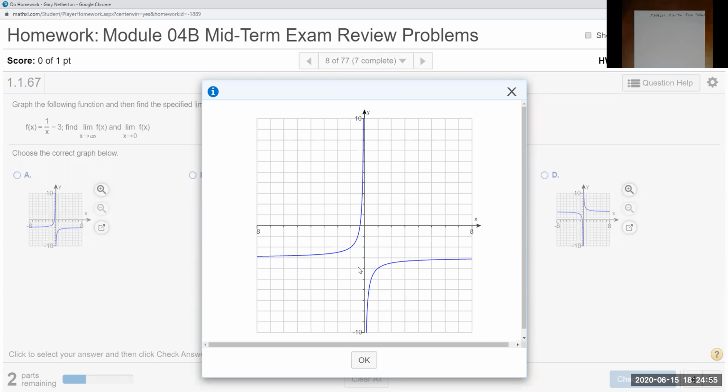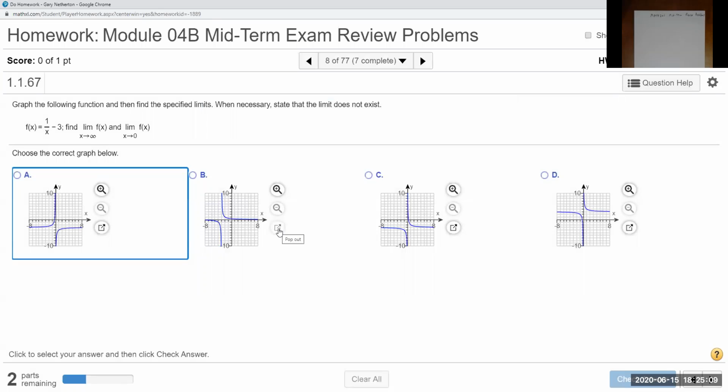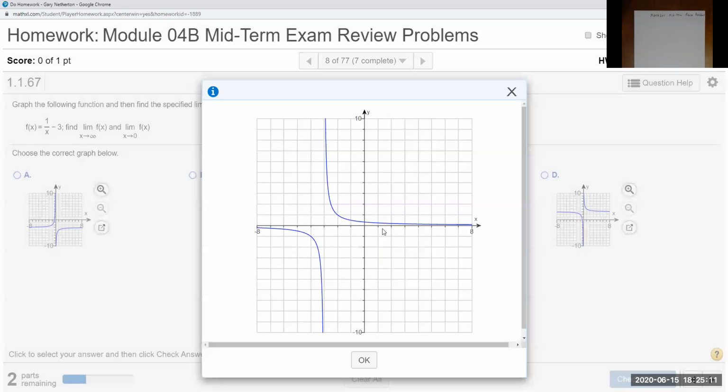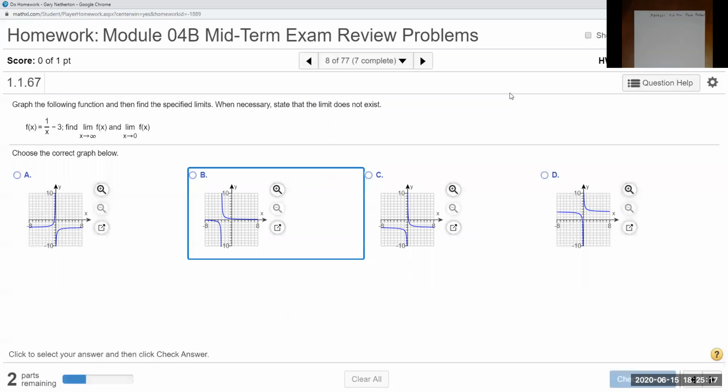But here, this looks like, to me, it's like -4. I'll check my math again, but I think it should be -2. I don't think that's quite right. Let's see what the other choices are. B, when x is 1, you can see here the function is actually like a small positive number. That doesn't look correct.